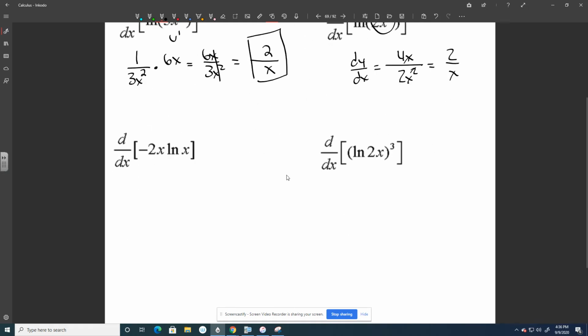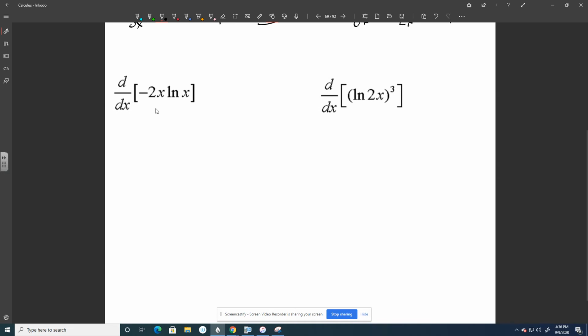Okay. The derivative of negative 2x times the ln of x, the natural log. So here we've got our product rule that we have to worry about. The product rule tells me here's one of my functions, here's my other function. This one here we'll call our second.